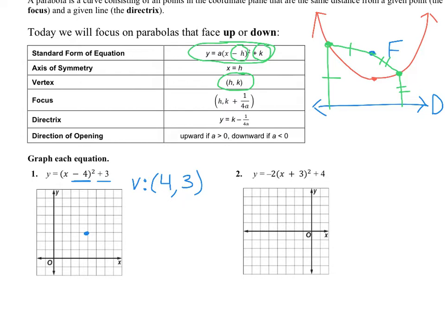After you plot the vertex, the next thing you should do is identify the a value. Looking at the notes, the a value is in front of the parentheses. For our problem, the a value is an invisible 1. When the a value is 1, you follow the odd number pattern.